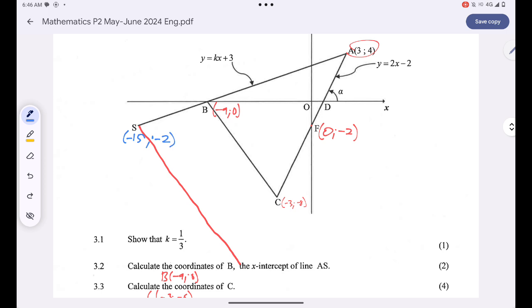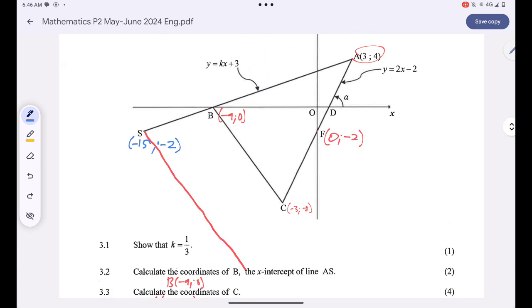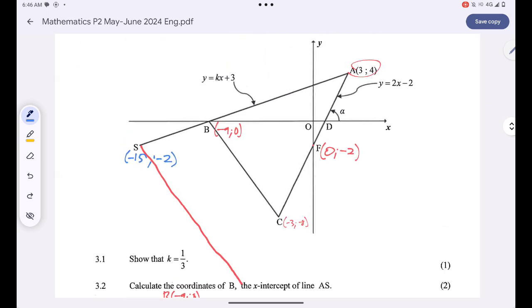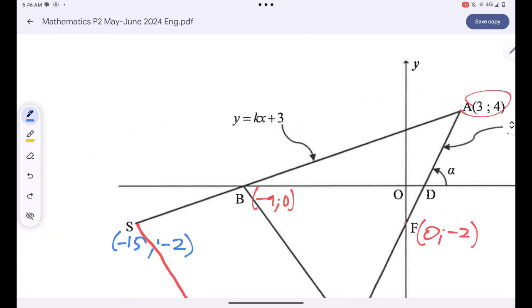Okay, we are told that the line passes through S and that line is parallel to line BC. If two lines are parallel, guys, it simply means they have the same gradient. So if I can find the gradient of line BC, that means I know the gradient of the line parallel to BC. The gradient of line BC is y2 minus y1 over x2 minus x1, right?